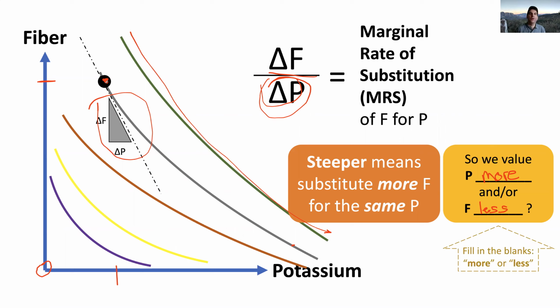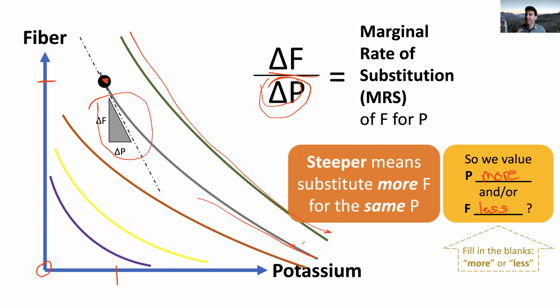So in the fiber case, if I already have a lot of fiber, if I give up some of the thing I don't have much of, potassium, the only way I'm willing to do that is to get a lot of fiber. And so that's why it's steep. It's depicting that fiber is more important to me. If I give up a little potassium, I have to get a lot of fiber. If it's shallow down here, then it's the other way around.